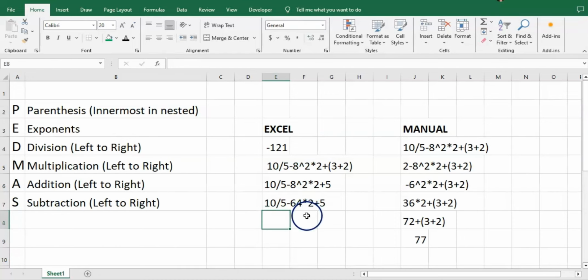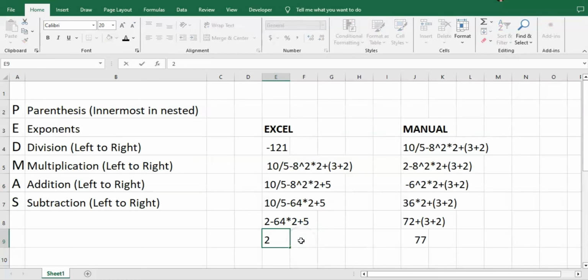Then we work out division or multiplication. Division comes first from the left, so 2 minus 64 multiplied by 2 plus 5. Then we work out this 64 multiplied by 2.